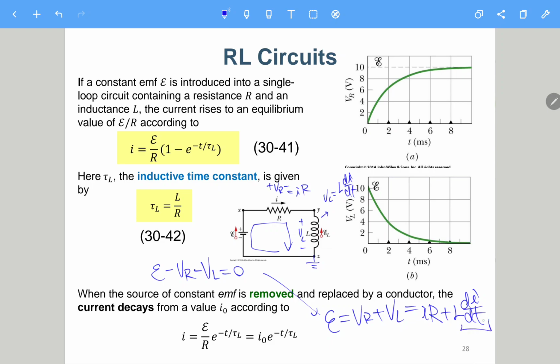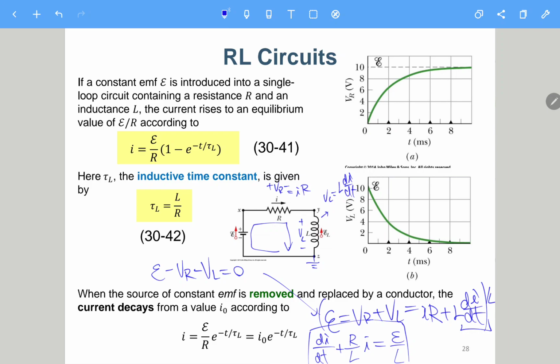So we should have di dt plus, dividing L on both sides, L and L cancel, R over L times I equals E over L. Yeah, so this is the differential equation, a first order constant coefficient differential equation.